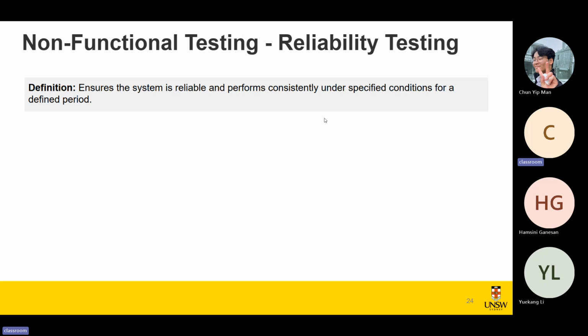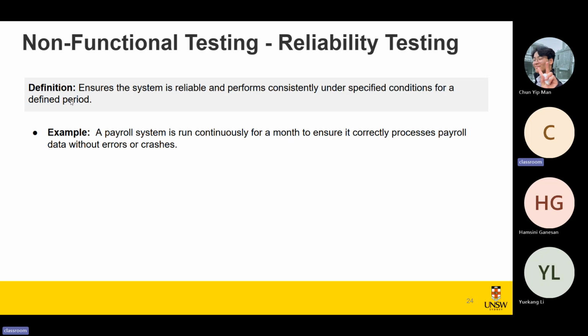So the key here is this defined period. During a period of time, if this system has no problem, then we can say that the system is reliable during that period of time. So what we can do is test a system and observe it for a period of time and see whether there are errors and crashes observed during that time.